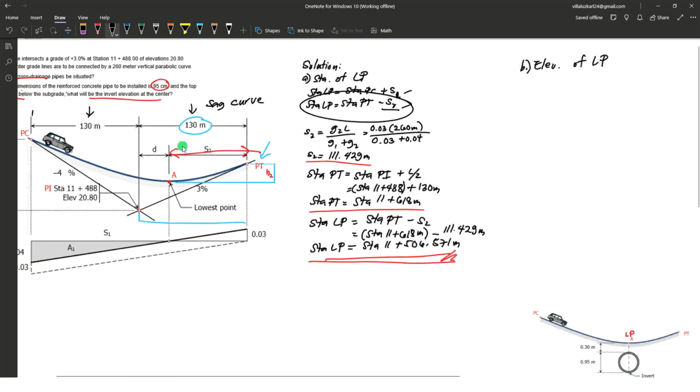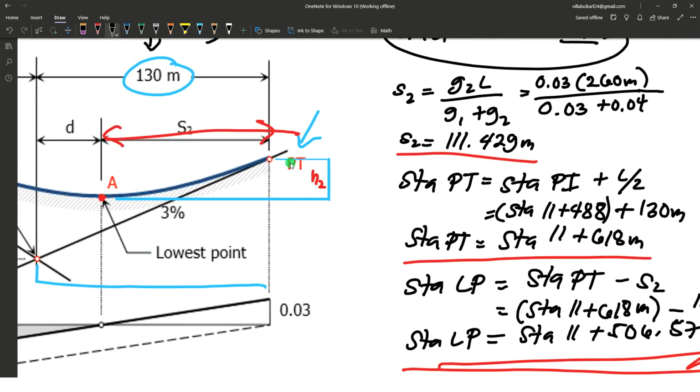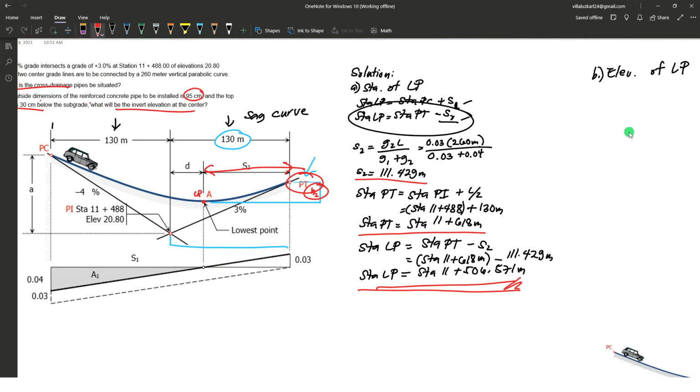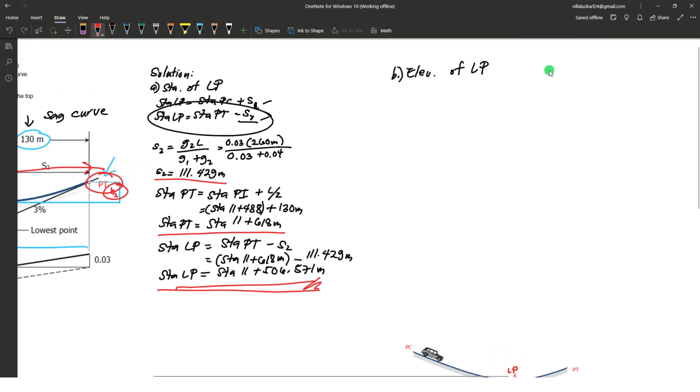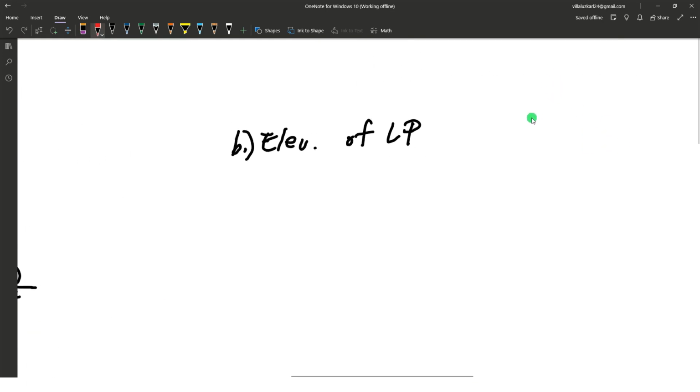Since earlier we used PT as the reference point, going to the lowest point here, we use that again, and we determine H2, which is the difference in elevation between the PT and the lowest point. So the elevation of the lowest point, with the reference from PT, we subtract that H2.